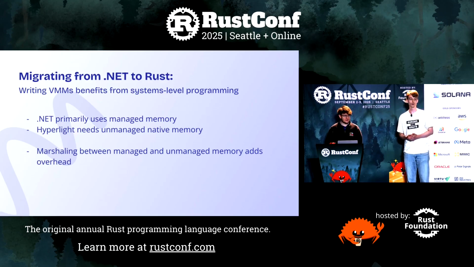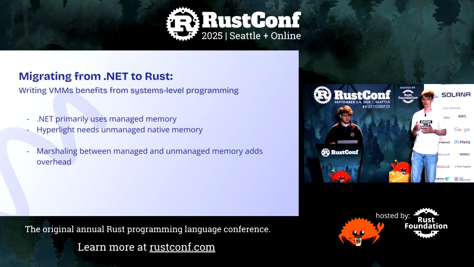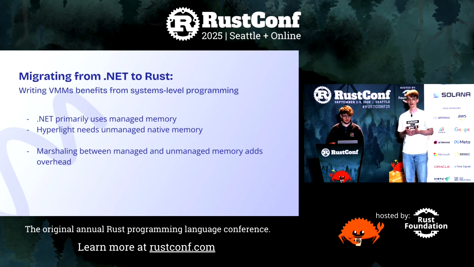While we can use unmanaged native memory from .NET, it's not one of the strong points of .NET. Mixing unmanaged and managed memory together often introduces a lot of complexity. It's hard to reason about what's unmanaged and what's not, and you have to keep track of everything. So we find it's easier to just go with unmanaged memory altogether.